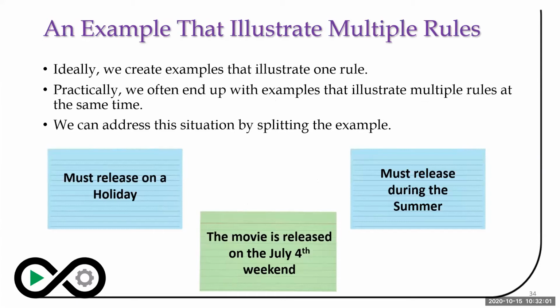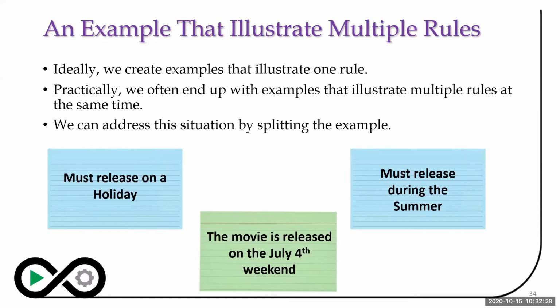So must release on a holiday, well, what sort of holidays can we choose on here? Again, it depends upon the context. You could have an example that would instead choose a different holiday. We could still go within the United States, say Memorial Day being one of those, or Halloween, or President's Day, MLK Day, and that would illustrate the must release on a holiday.